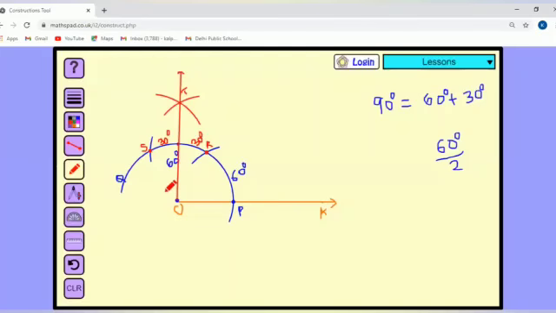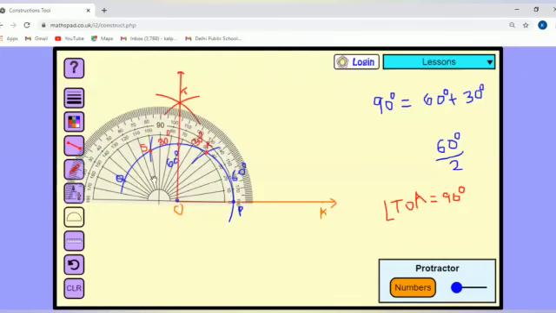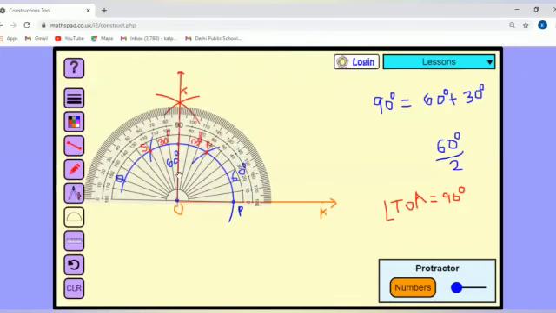So angle TOA is equal to 90 degrees. So observe here. Exactly 90 degrees.